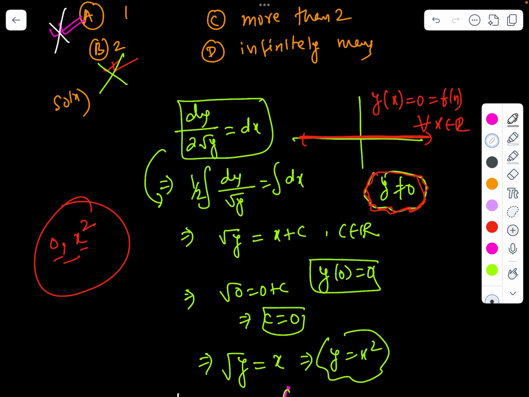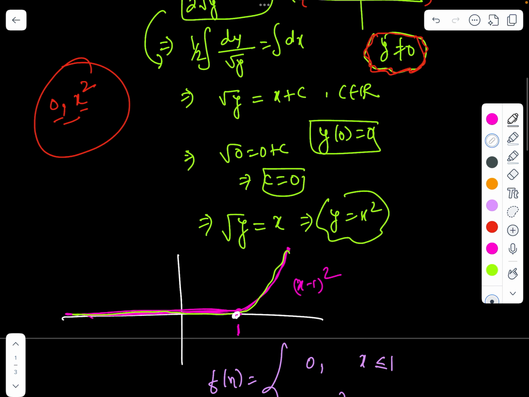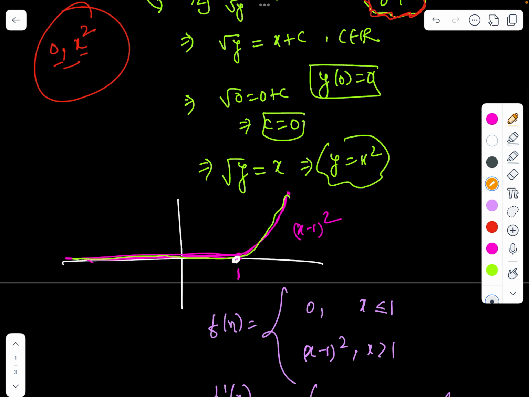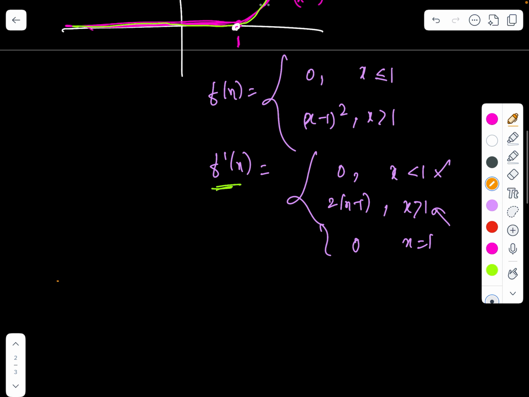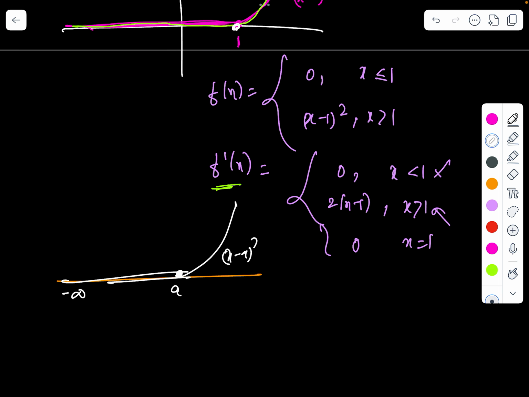So there has been a discontinuity somewhere in the process of the argument. Instead of taking an interval where it's 0 up to 1, we can take the interval from minus infinity to any point, 1 or 2. In fact, I can define functions from minus infinity to a point, let's say a, and again from a to infinity I can define x minus a whole square.